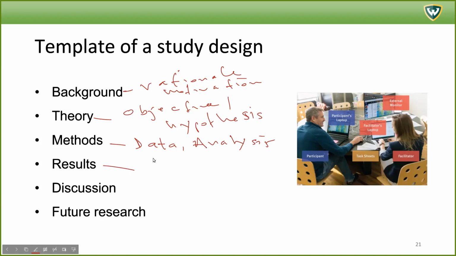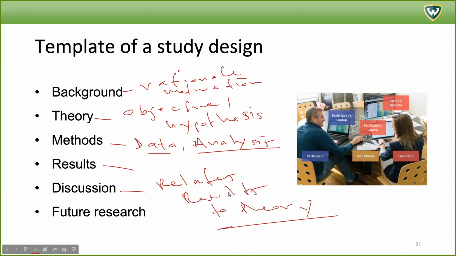The results, you essentially just present the results of the analysis and of the data. And in the discussion, you relate. The discussion is interesting because it relates the results to the theory or to the hypothesis. And then you bring up other issues as well here in the discussion, such as potential other factors, confounding factors, and so on.